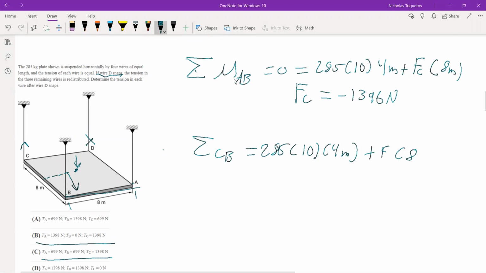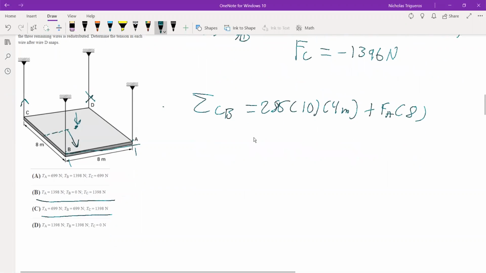So then that means that tension in A is going to equal tension in C. It's a square, and all the values are the same. So right now it looks like B is the correct answer. Tension in B is actually 0.